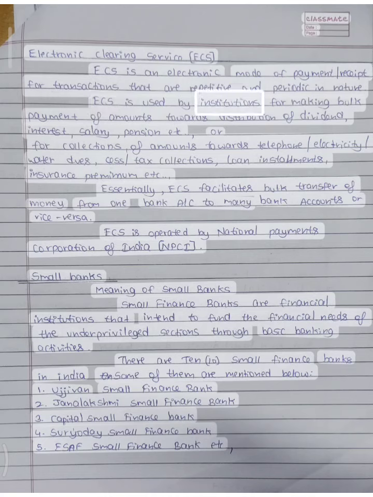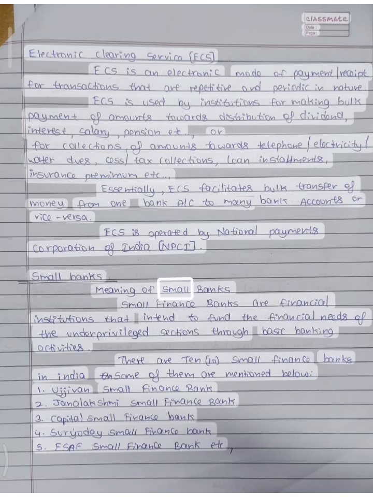ECS is used by institutions for making bulk payments of amounts towards distribution of dividend, interest, salary, pension, etc., and for collections of amounts towards telephone, electricity, water dues, tax collections, loan installments, insurance premium, etc. Essentially, ECS facilitates bulk transfer of money from one bank account to many bank accounts or vice versa. ECS is operated by the National Payments Corporation of India, NPCI.